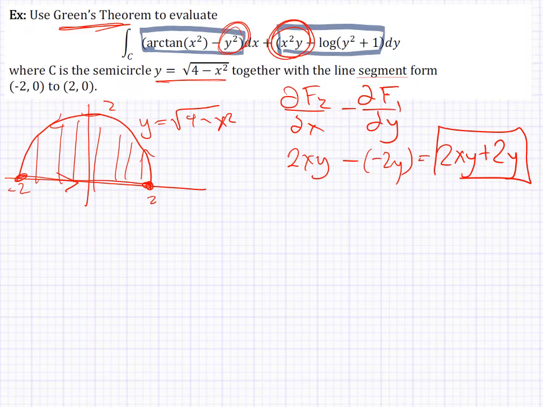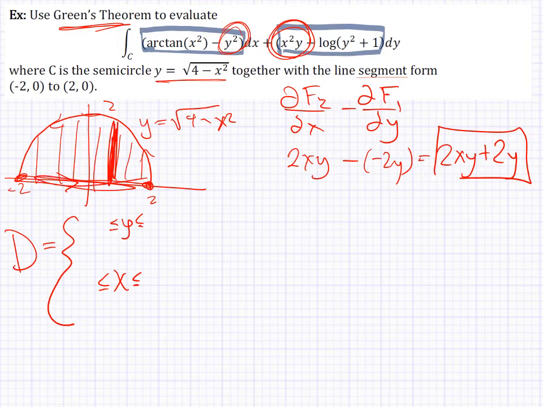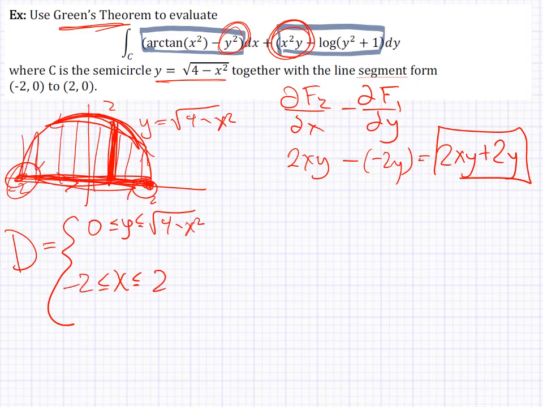We would define this domain based off of y and x. So y goes this way. On the bottom end, you're at the x-axis. And on the top end, you're hitting this curve. So that would be square root of 4 minus x squared. And x's range between -2 and 2, because we want to fill all of this space in.